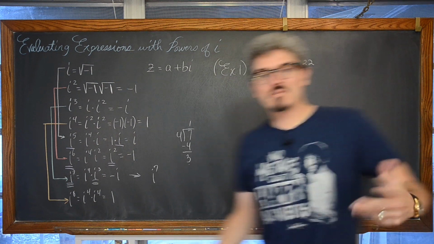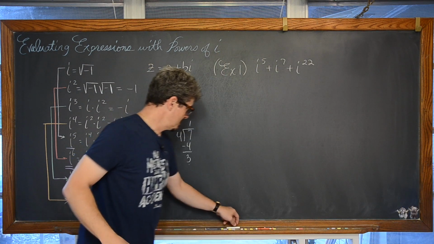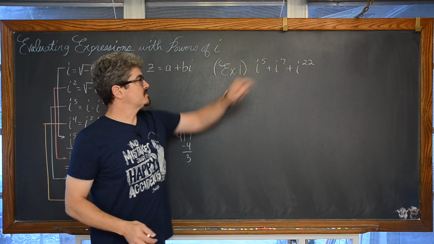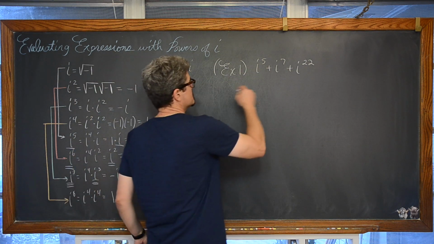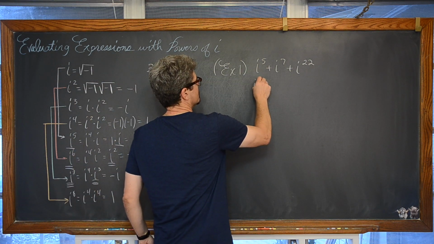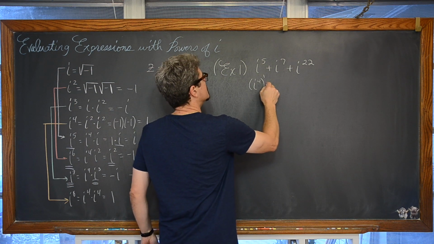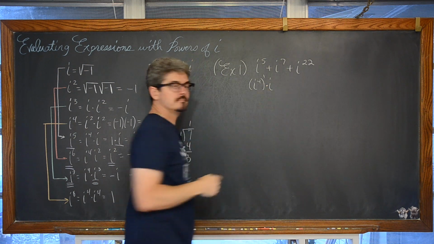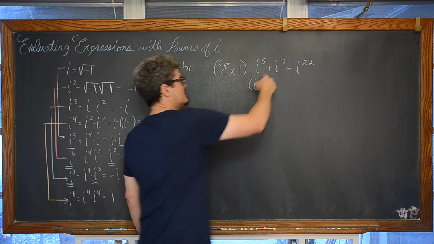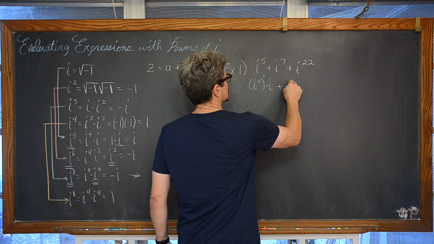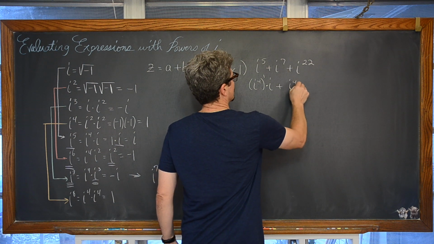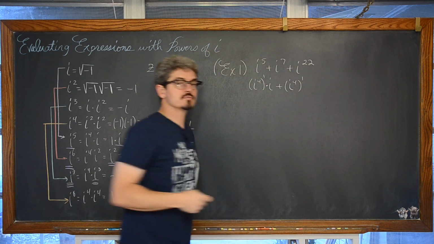So, okay, our first example we have here, which we have i to the 5th power, which is equal to i to the 4th raised to the 1st power times i. We have i to the 7th, which is equal to i to the 4th raised to the 1st power.